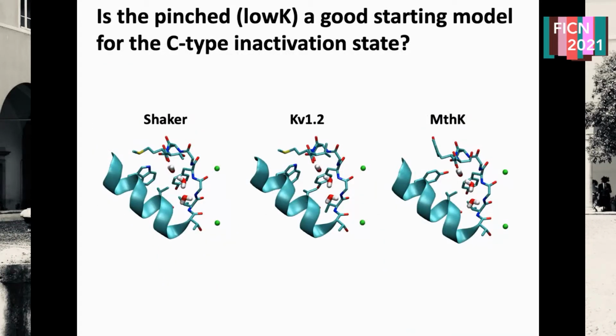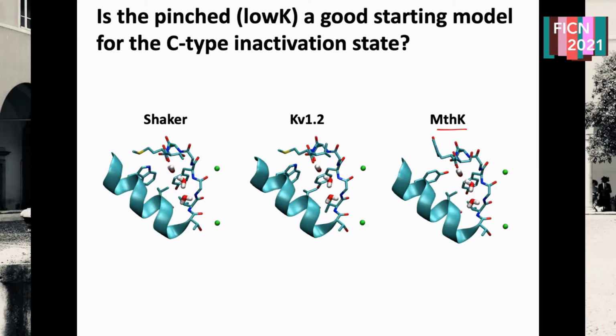And then, of course, we still have only KcsA here. And most of these pores, for example the Shaker channel, the Kv1.2 channel, which was crystallized and is very similar to Shaker, and the MthK channel, another bacterial channel that has been crystallized to very high resolution. The question is, how come we don't see any constricted conformation for any one of those channels?